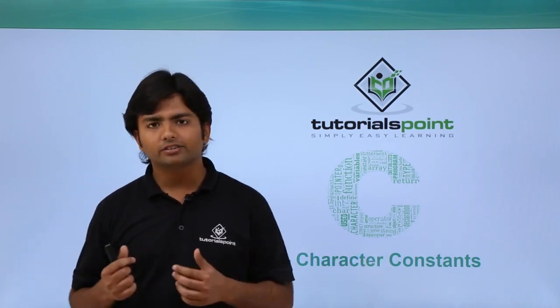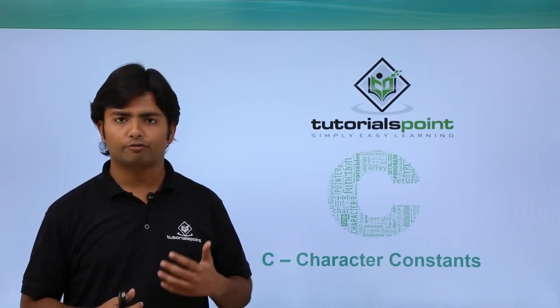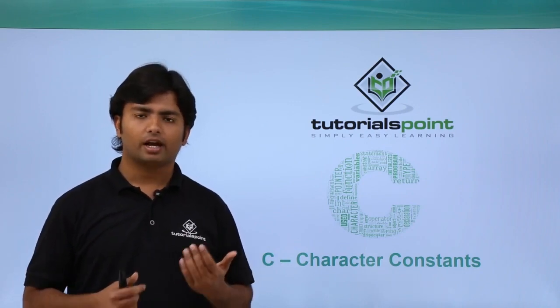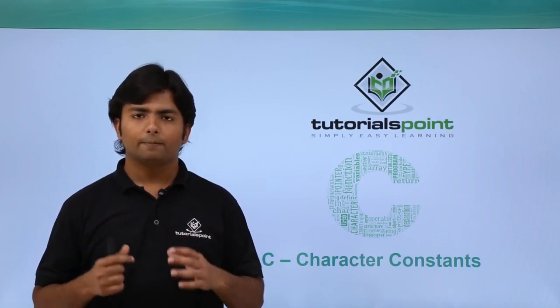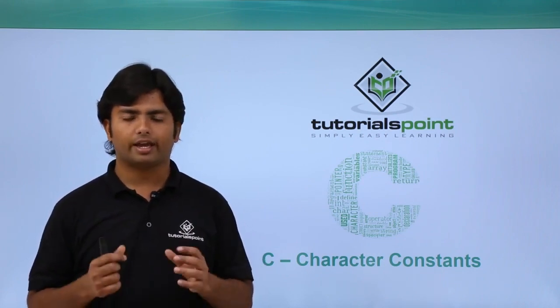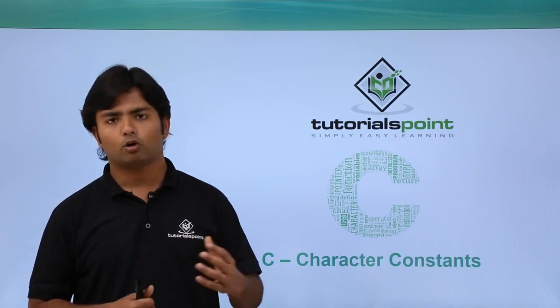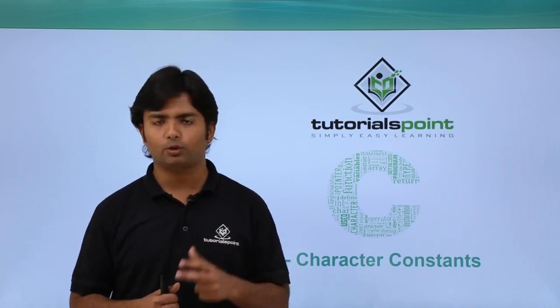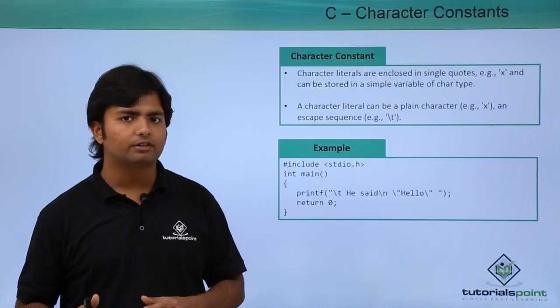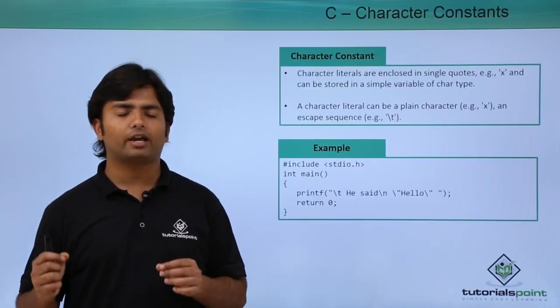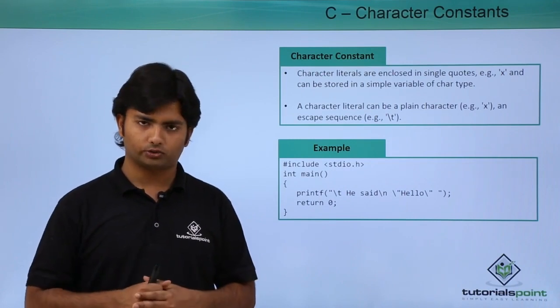If we are writing a simple program and I want to define any identifier, either variable or constant, of character type, we may initialize it with any value on the right hand side of the assignment operator, which is equals to. When I am writing any character literal, I should keep the value in single quotes.